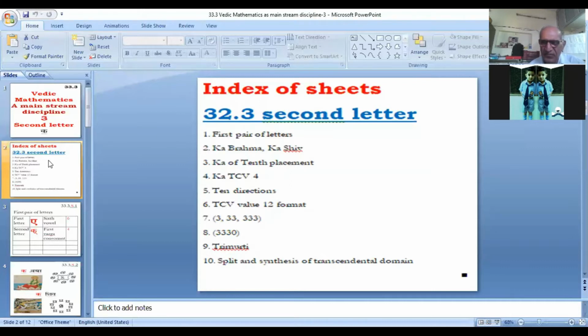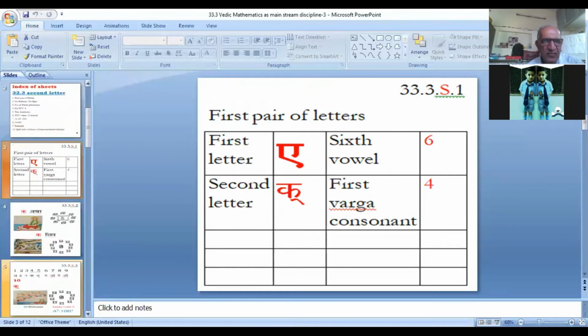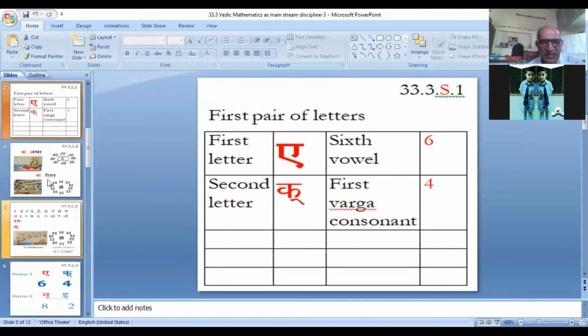Let us revisit the text, and we will be face to face with that the first letter of the text of the Ganita Sutras, the first Ganita Sutra, Ekadikena Purvena, is A, the sixth vowel, and the second letter of the text of Ganita Sutra 1 is Ka, the first Varga consonant.